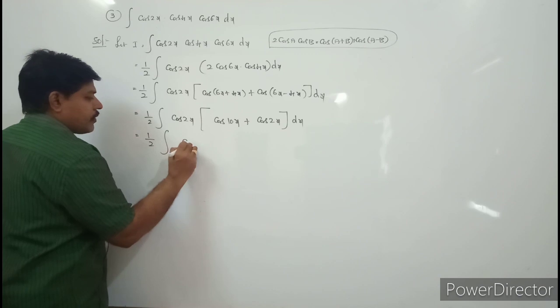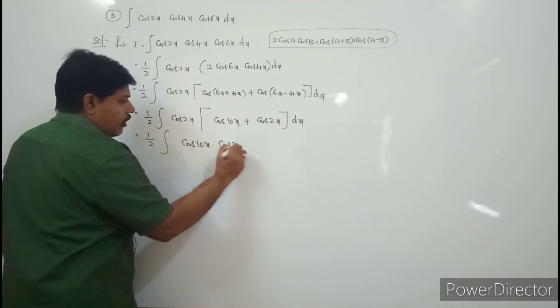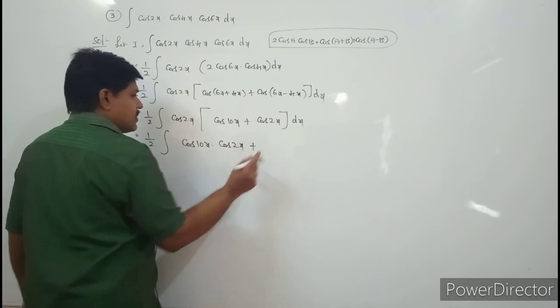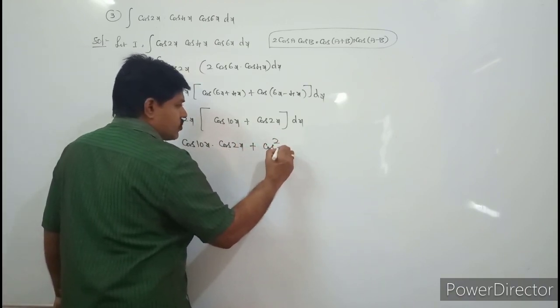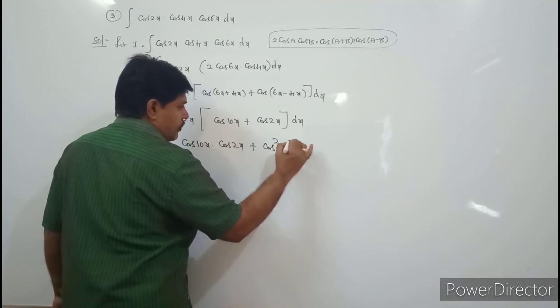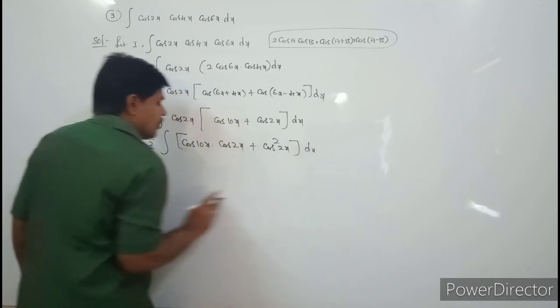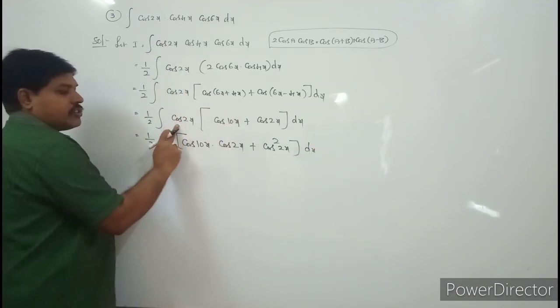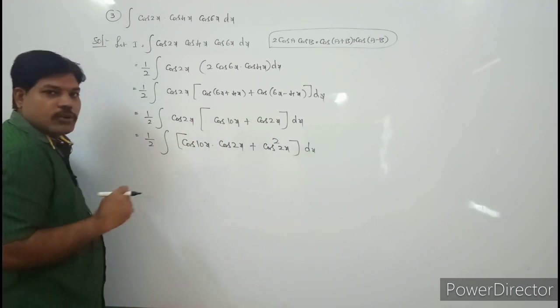What happens? Cos 10x into cos 2x plus cos 2x into cos 2x, which is cos square 2x, into dx.